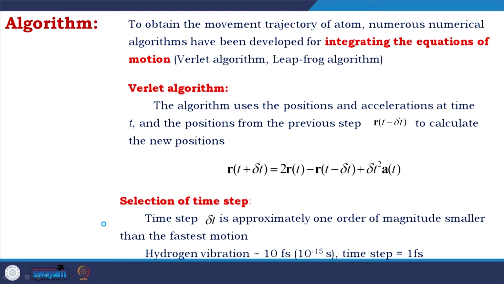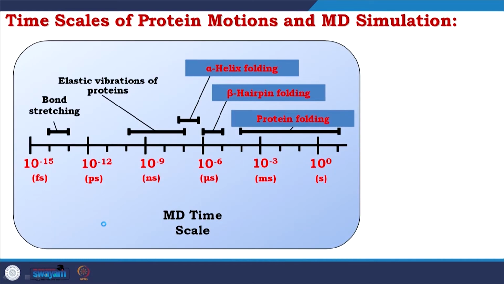Remember I was talking about the time scale of protein motion, where bond stretching is around femtoseconds, the elastic vibration is around nanosecond, the alpha helix folding is in nanosecond, microsecond, the beta hairpin folding is in the level of microsecond, and protein folding is in the level of millisecond to second.